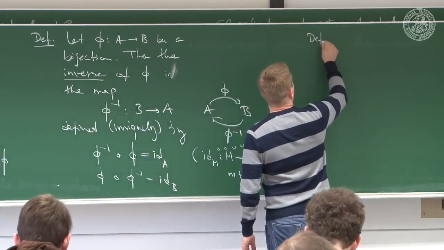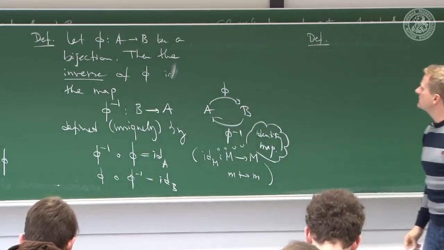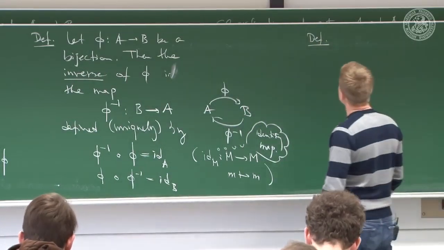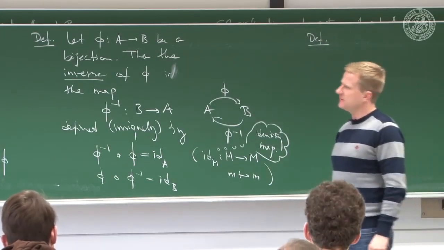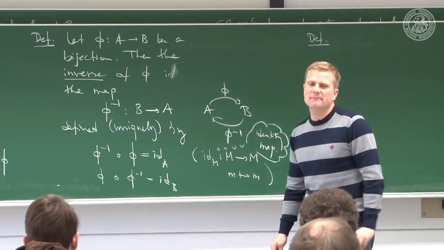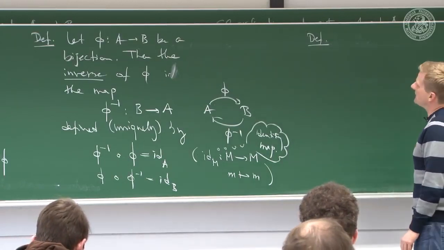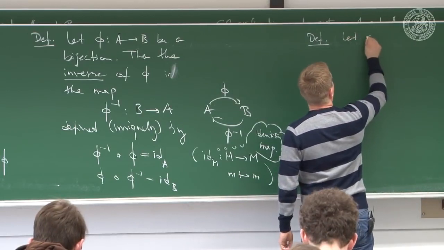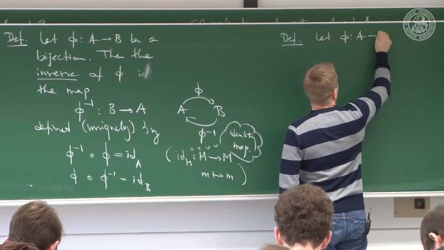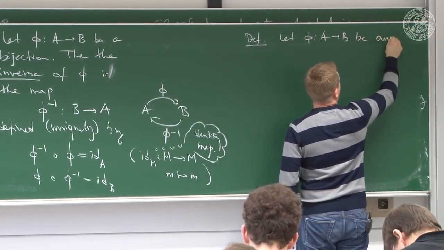Okay, so an inverse only exists for bijections. Now, however, another notion which we're going to meet in topology particularly is the notion of a pre-image, and the pre-image is kind of something like the image of the inverse, but actually the map you look at doesn't need to be a bijection, it can be any map. So let phi from A to B be any map.